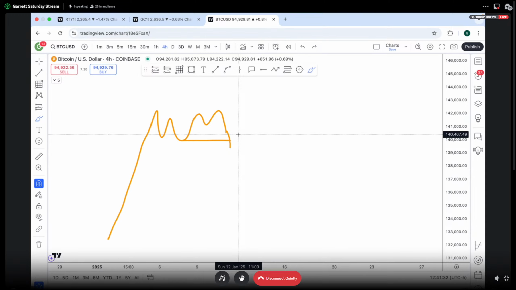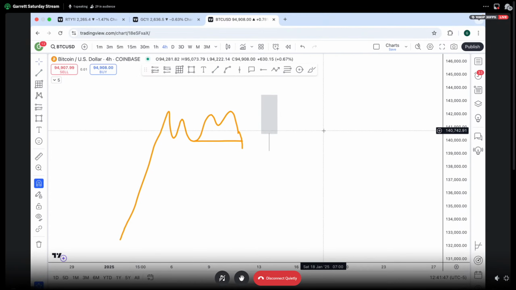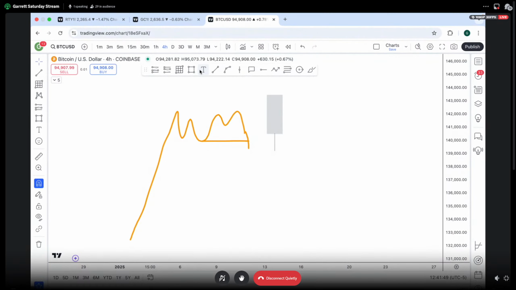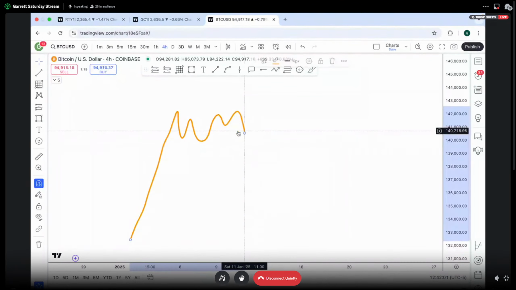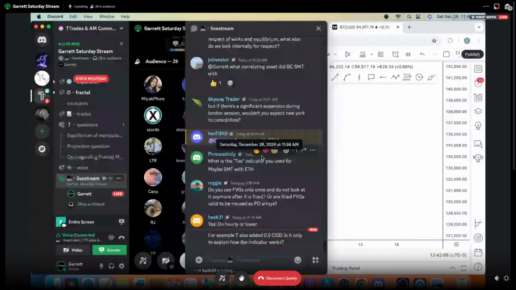I went over it in my stream, and again, I want to trade expansion candles. So I line this manipulation up with an expansion candle. That's my filter for price. Equilibrium of previous candles' highs and lows is just a filter for what we want to trade. In respect of PD arrays and stuff, it's all filters.